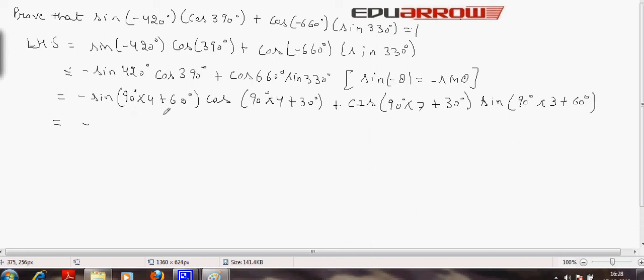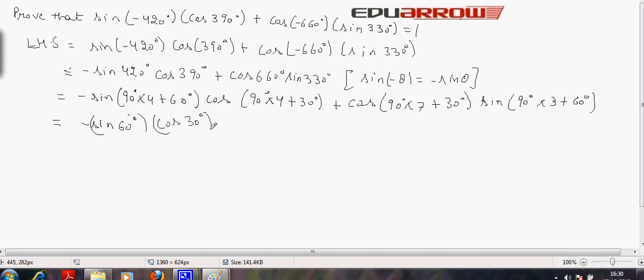As we can see, the quadrant is second quadrant in which these trigonometric ratios lie because 90 plus theta lies in second quadrant. In second quadrant, sine theta and cosec theta are positive. All others are negative. So this will come out to be positive. This will be minus sine 60 degree, and this will be negative. Cos theta will be negative. So this will be cos 30 degree.